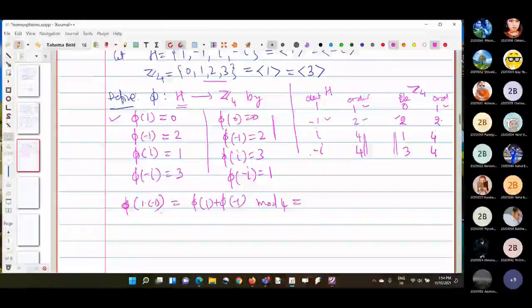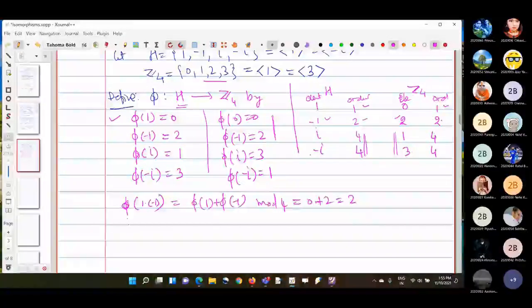So phi of 1 is 0, and then phi of -1 is 2, plus 2. We have 2. Okay. Fine. This is 2, and is it okay?